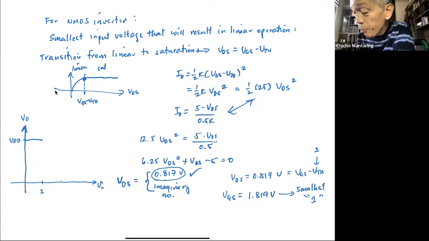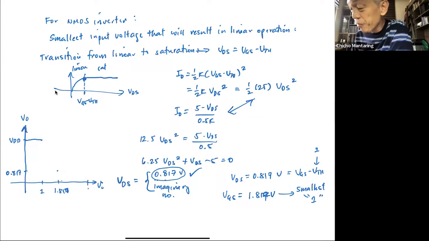When I am at 1.819, so this is to scale, no? This is 1.819. Ito yun. My output is 1.817, sorry, 0.817, somewhere here.